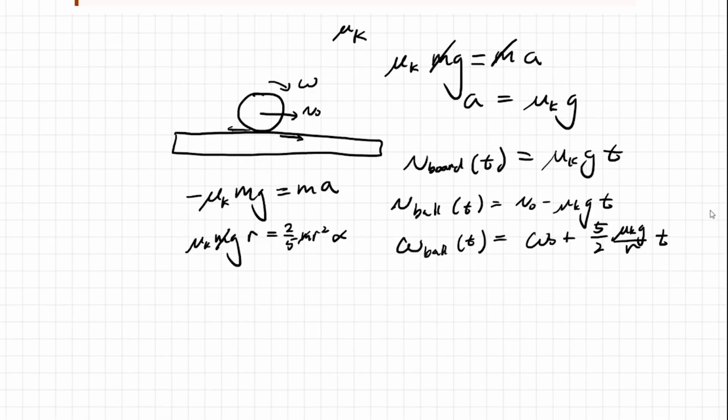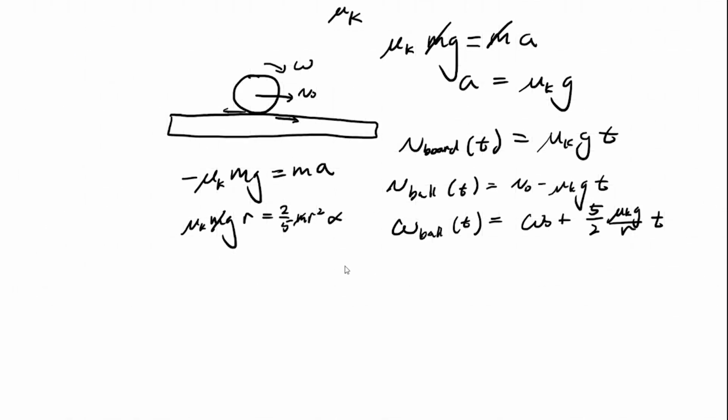And so now we need the time t when the ball stops moving with respect to the board, which is when v naught minus mu sub k g t is equal to mu sub k g t. And so that gives us time t is equal to v naught over 2 mu sub k g.